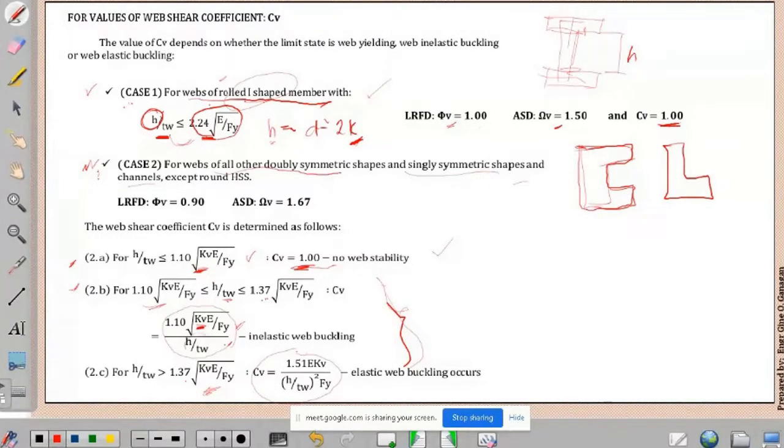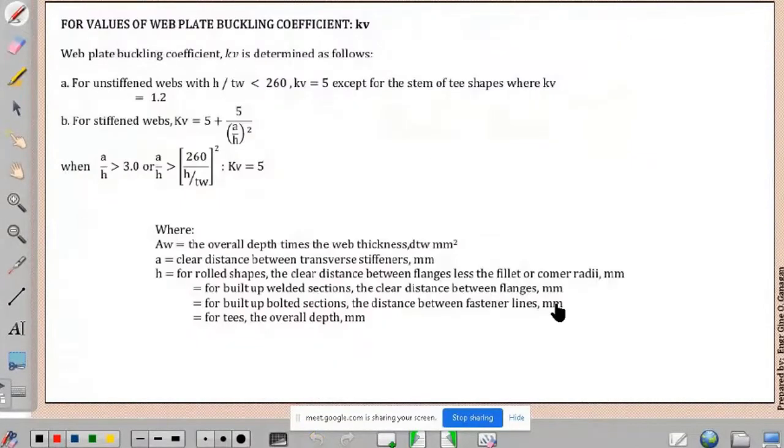Okay? So alam natin yung h over tw, yan yung width thickness ratio natin, yung Fy, yung grade ng beam, yung E, yung ating modulus of elasticity. Ito naman yung bago, yung Kv. Okay? So, paano naman mag-compute ng Kv?